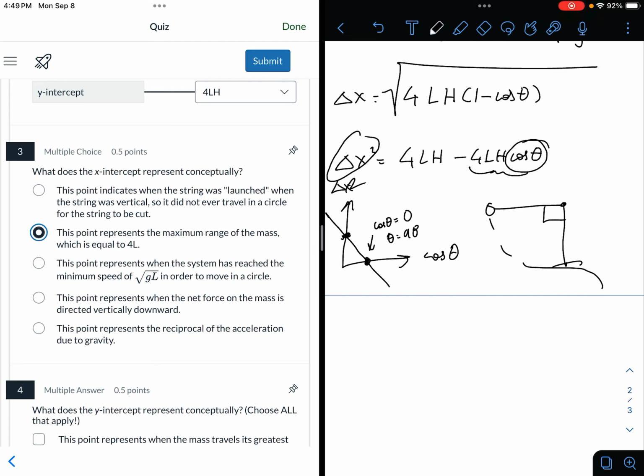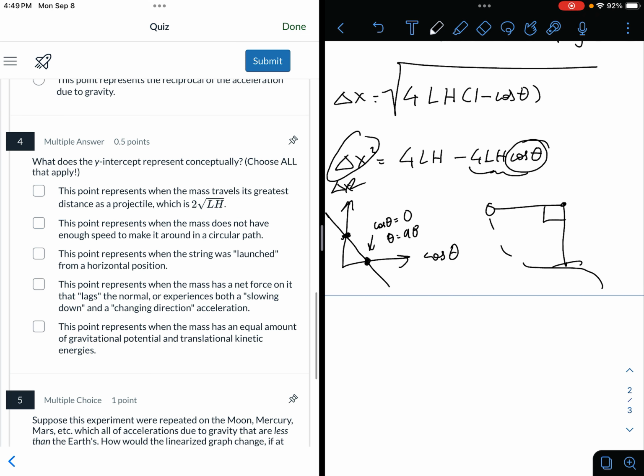I want to say this is the maximum range. All right, we're just going to keep going without wasting too much time.